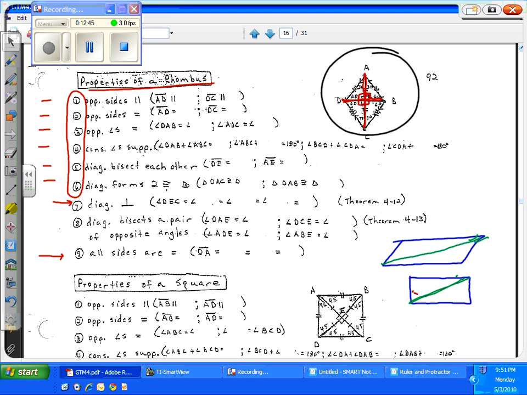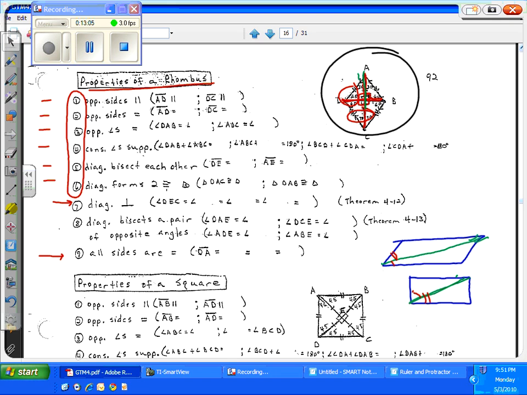In other words, this angle and this angle are not the same when it's elongated. But when we made the sides the same, then those two little angles were equal, and those two little angles are equal.